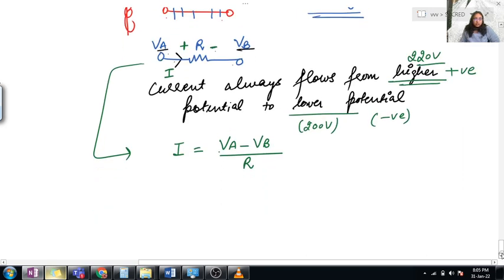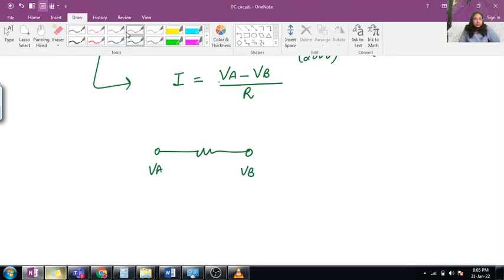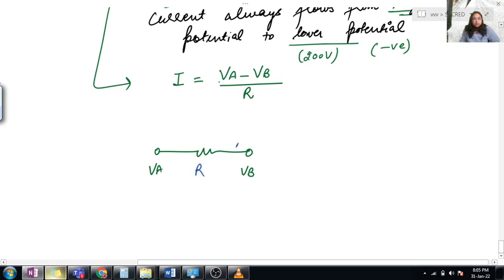Clear? Next I am taking the opposite: this one is VA, this one is VB, and the same resistance is connected, but now the current is flowing from VB to VA. In this case the value of I would be VB minus VA divided by R.